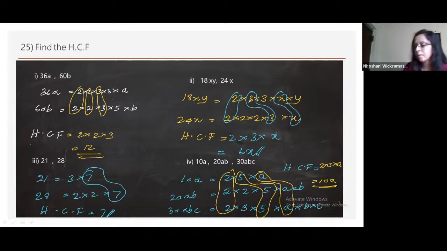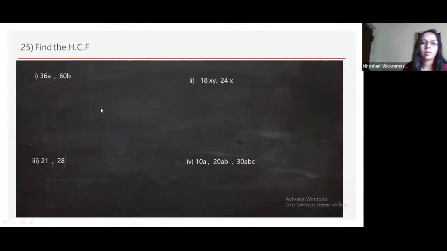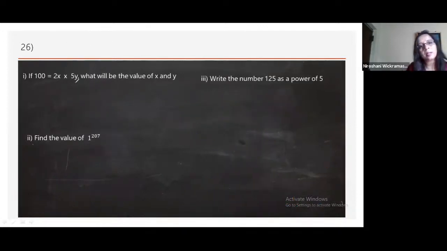Question 26. 100 equals 2x into 5y. It means x and y. What will be the value of x and y?